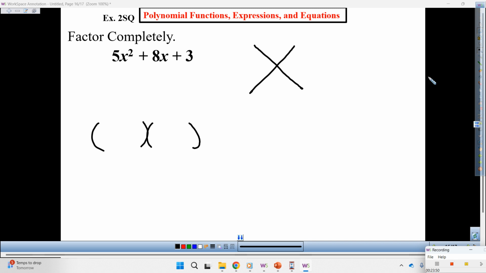Sebastian, pass someone. Gabriel, what do I do? This one times that goes on top, and then 8 down here. So what are the two factors of 15 that add up to 8? 5 and 3. However, this one has a leading coefficient. What do we do next? Tell your neighbor, and then Gabriel's going to pass someone.